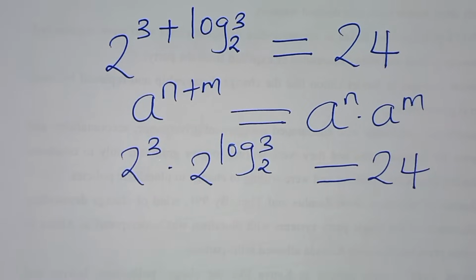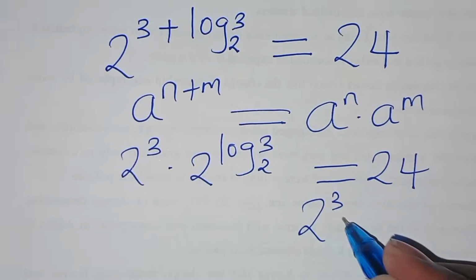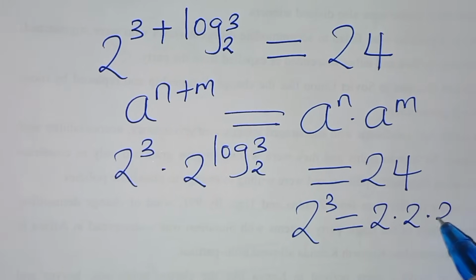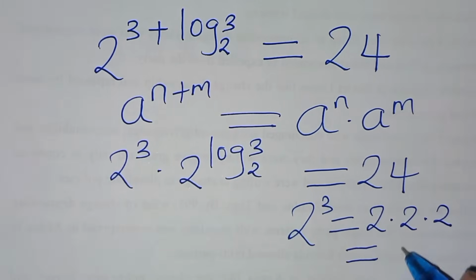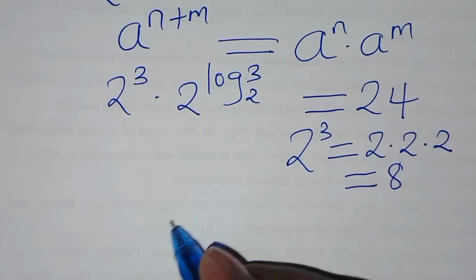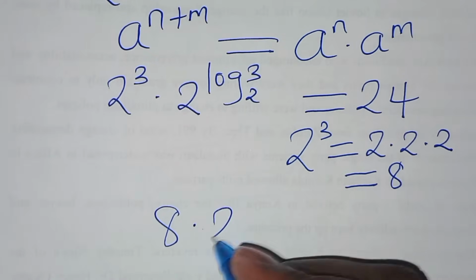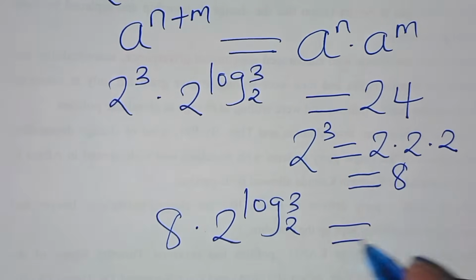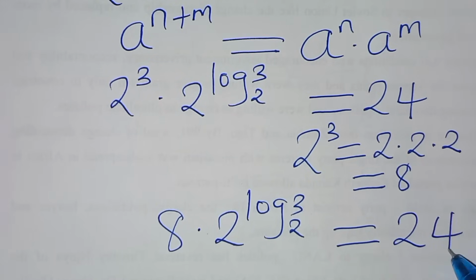Now here we have 2 to power 3, which we can express as 2 times 2 times 2, which is equal to 8. So therefore here we have 8 multiplying by 2 to power log 3 to base 2. They should give us a value of 24.